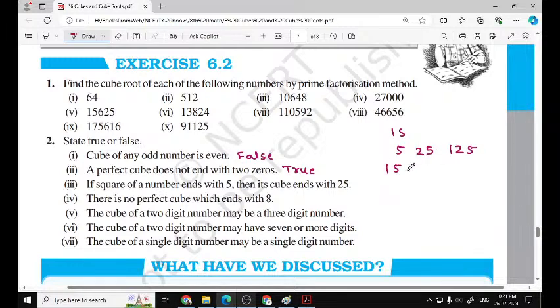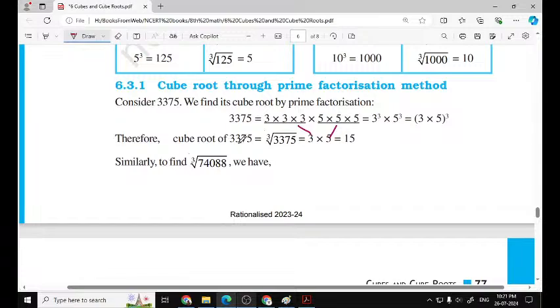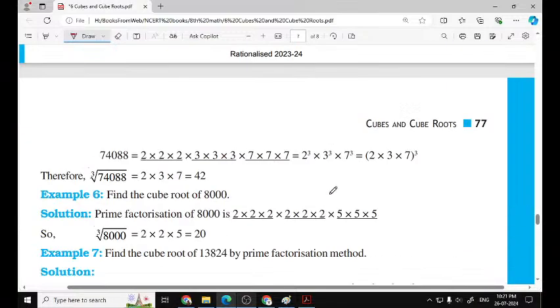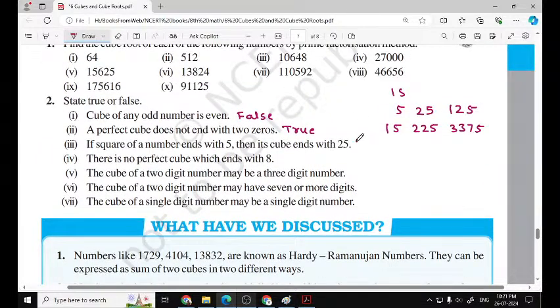For 15, square is 225 and cube is 3375. Just now we have seen 3375, cube root is 15, so cube does not end with 25. This statement is false.